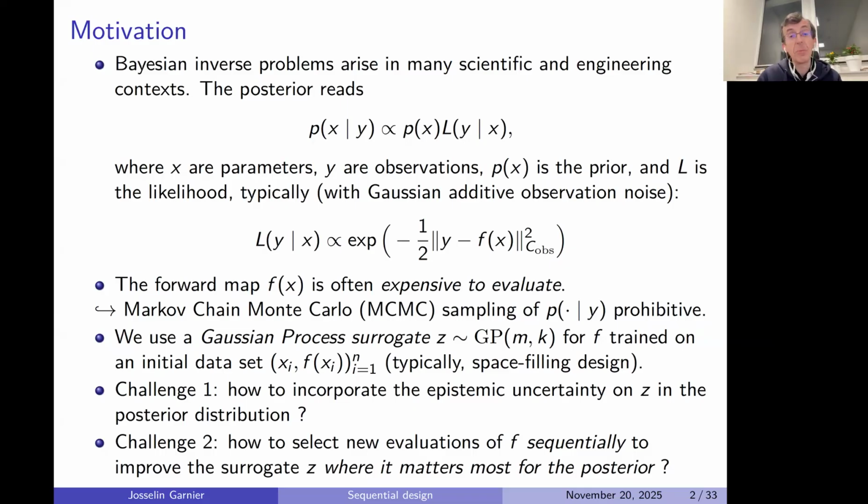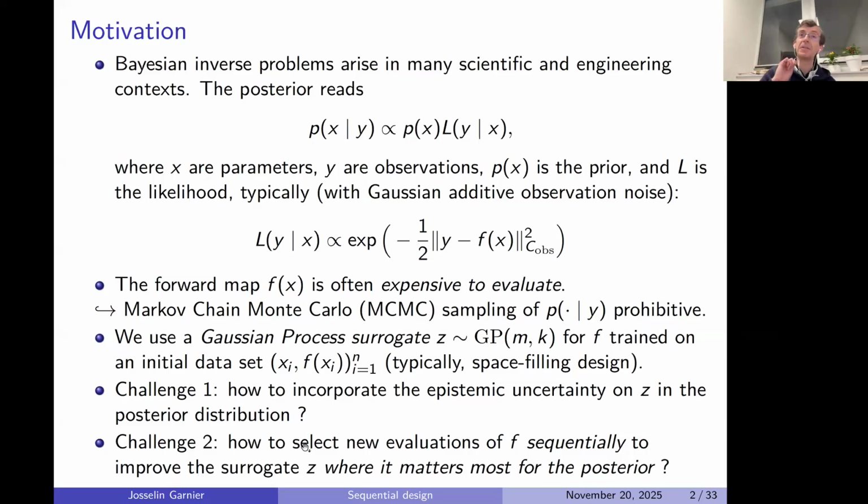Then you know everything about the Gaussian process surrogate model, its own distribution, and you can incorporate this into an effective posterior distribution that you can sample as many times as you want, and so run an MCMC algorithm. That is not too difficult.